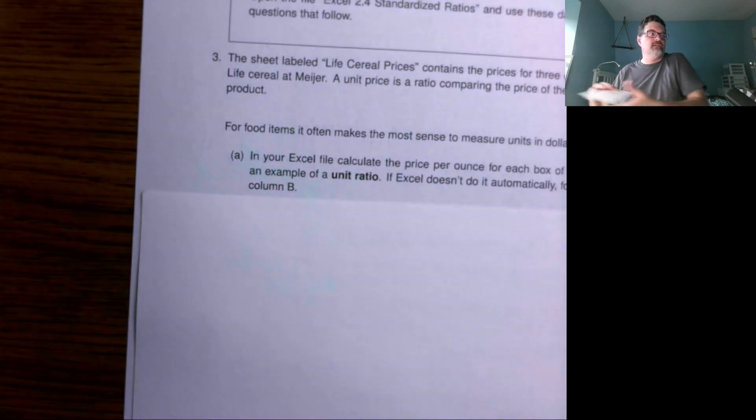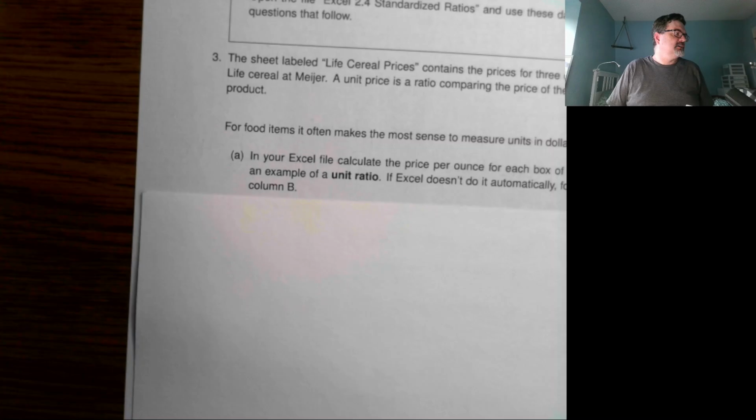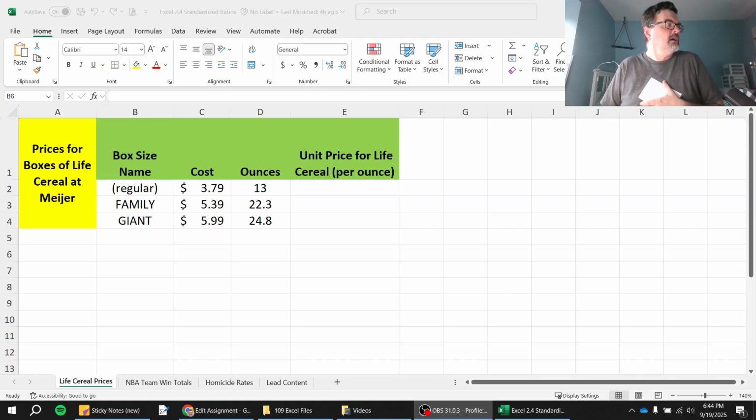On to the next page, and we will get into the Excel stuff. So Excel 2.4, which I will now put on the screen. That has 4 tabs. We're going to go to life cereal prices here first. I'm going to leave Excel on the screen, but follow along on page 73 here.